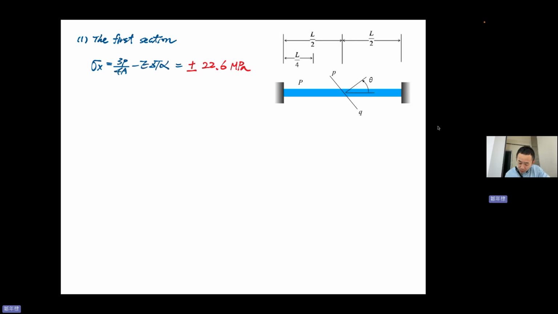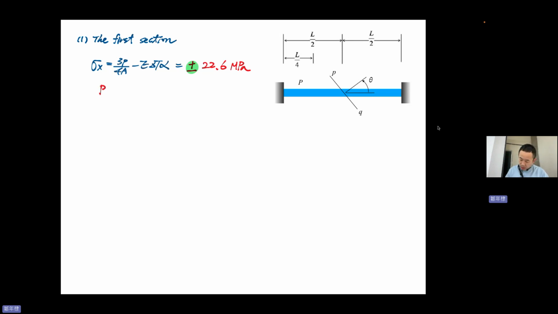Don't forget that it is positive or negative, right? Because shear failure determines everything. So sigma x could be positive 22.6 or negative 22.6. And both of the values, positive or negative, will cause maximum shear stress, right?